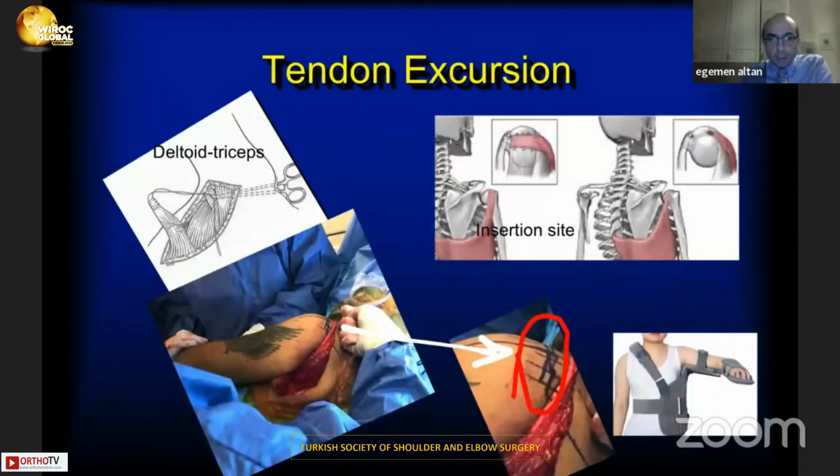And the tendon excursion is also important. It must be between the deltoid and triceps muscles. And you see the insertion site here on the right up. The footprint must be close to the subscapularis tendon. And you need to use these kinds of slings for a while after the surgery.